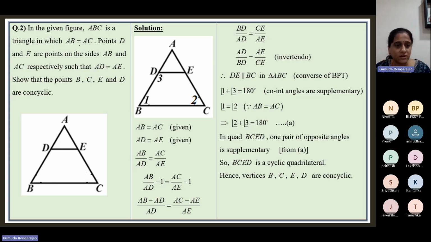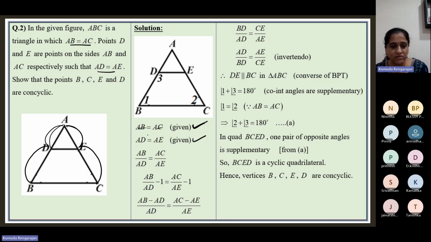I'll just repeat. We have these two equations in the question. Write the one which you don't want first. What are the line segments you want? You want AD, DB, AE, EC. You don't want AB and AC, so write them in the numerator. AD and AE, which you want, write them below as the second one, so that they come to the denominator.